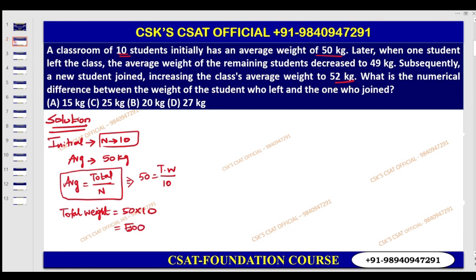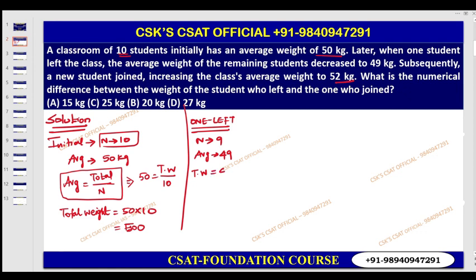Right. Now one left. One left means that n becomes 9 now. After n becomes 9, what happens to the average? Average becomes 49. You can find the total weight of those 9 students here.